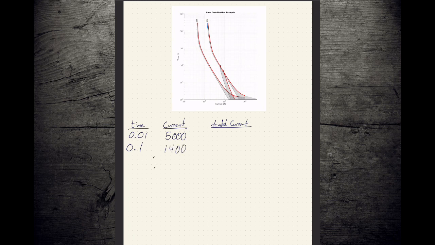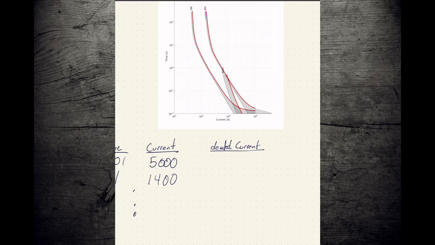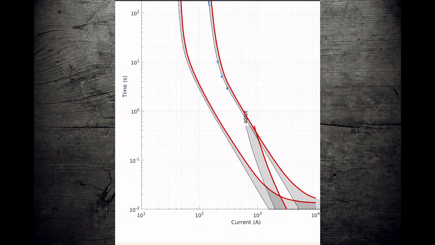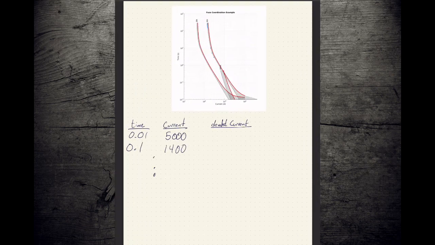And we're going to keep building our table out, and we're going to spend some extra time and attention grabbing a few extra points along this curve to make sure that we get the elbow traced in properly. And we're going to take those and we're going to multiply each one down by 0.75 because that's our coordinating margin. We're going to get our derated currents, and then we're going to plot those.